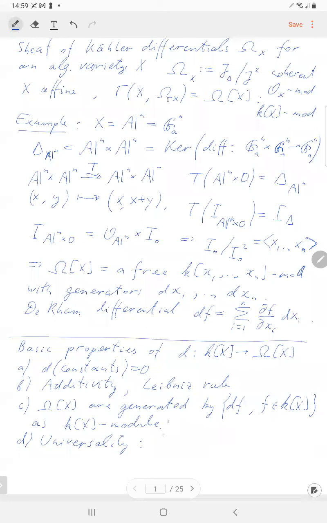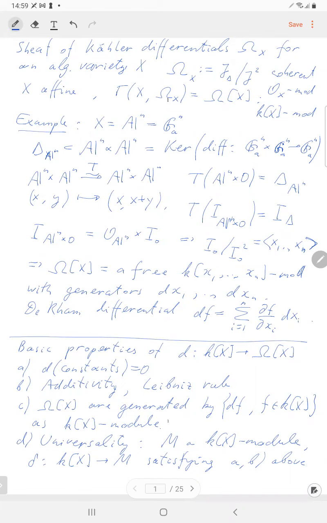So suppose we are given any module M over the ring of functions, and we are given a morphism delta from the ring of functions to this module, satisfying the basic properties: delta annihilates the constants and satisfies additivity and the Leibniz rule.